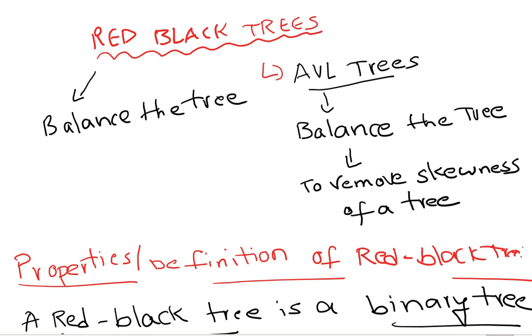It may be left skew or right skew. Skew means the tree height will be more, which is not balanced. The left subtree height may be more or the right subtree height may be more. In a balanced tree, the left subtree and right subtree heights will be less compared to unbalanced trees.